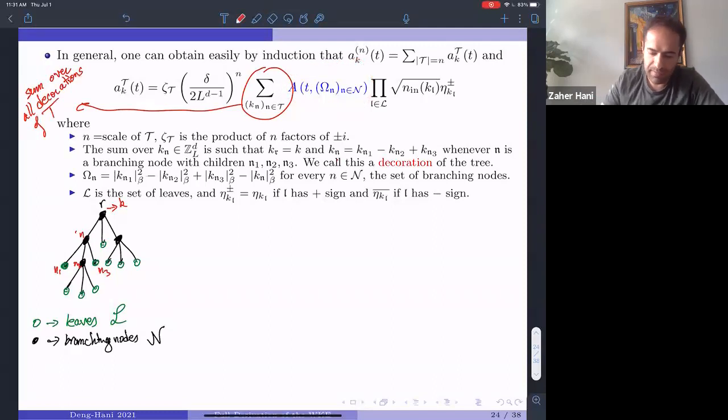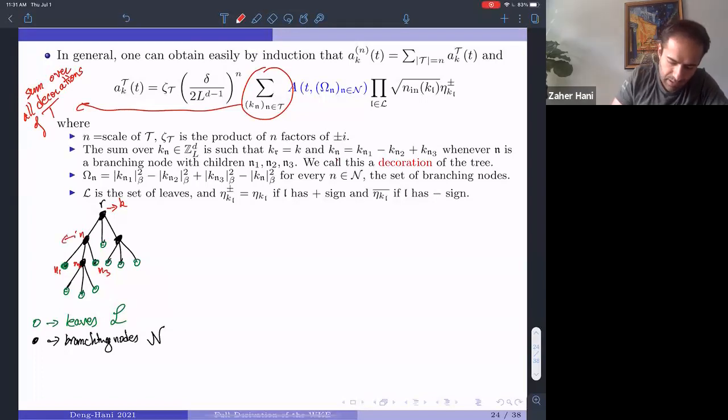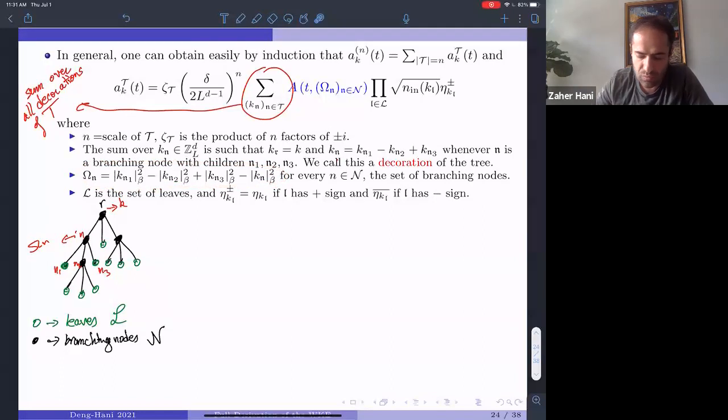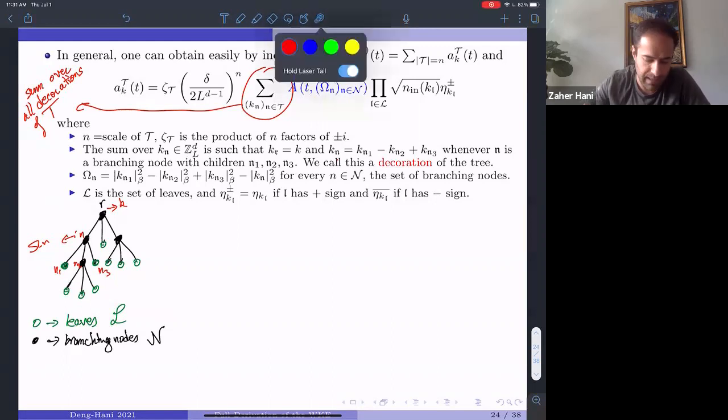For each branching node, for example this one, you have an omega n, and this omega n is defined in this line over here. It is given by k_n1 squared minus k_n2 squared plus k_n3 squared minus k_n squared. So for each branching node, we have this resonance factor omega n.